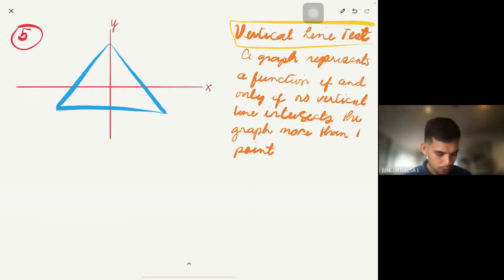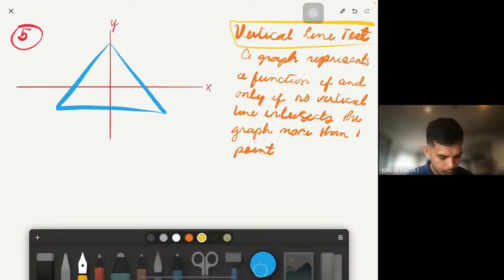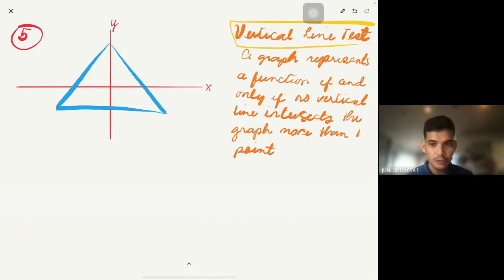Okay? So, anong ibig sabihin niyan? So, gagamit tayo ng pencil test. If it is your pencil, i-ano mo lang yan sa graph. Titingnan mo kung yung vertical line na to, itong pencil na to, dapat daw hindi magi-intersect sa more than one point.